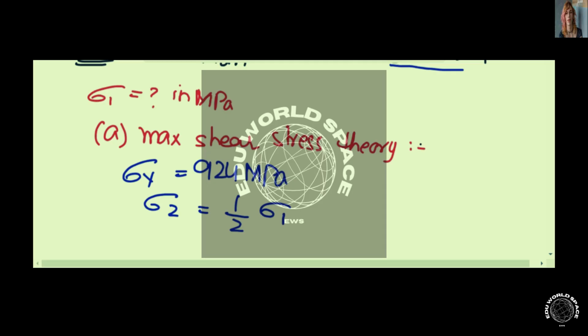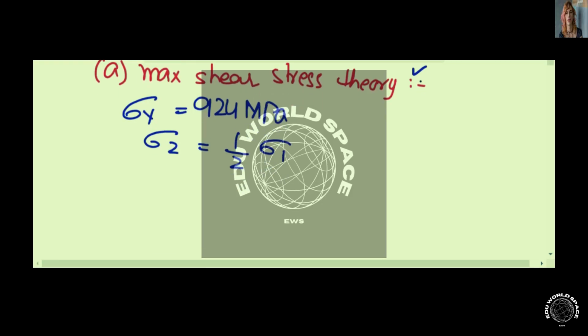We have written it in the form of a fraction. Now, for the first part, where we need to solve it according to maximum shear stress theory, we would want to use equation 10.27. And since sigma sub 2 and sigma sub 1 have the same sign, that is why we are using this equation.